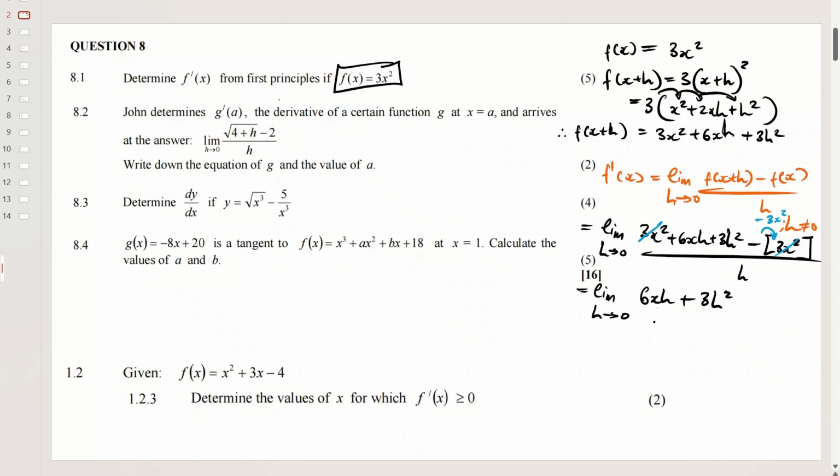The reason for this is for us after this step to take out the factor, which is the h, so that we can eliminate the h at the denominator there. So what I mean is that h is common everywhere there. So h has to be common, guys. You shouldn't have something like, let's say, 3x squared there.